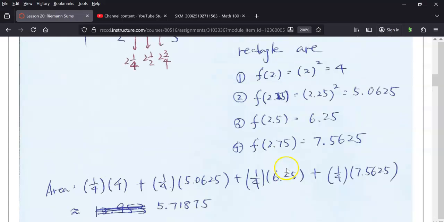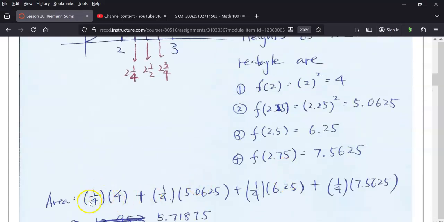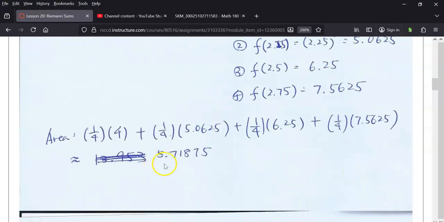To find the area, you simply take the width times the height of each one. The first rectangle is 4. The second rectangle is 5.0625. Adding the third and fourth rectangles together, you get approximately 5.71875.